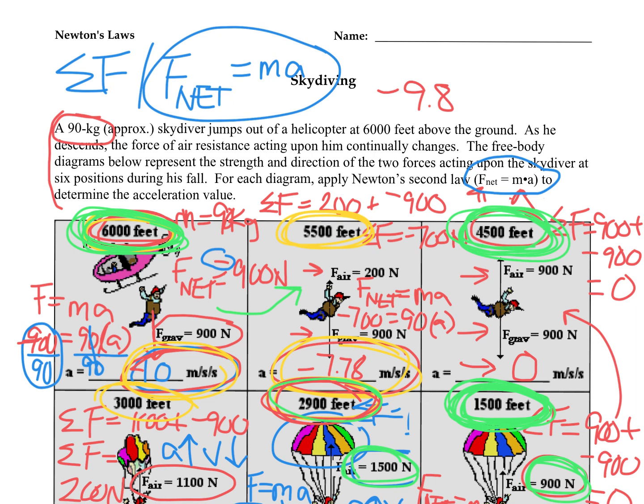We figured out, since we had the mass, what the net force is. Once we knew the net force, we could plug in, chug out our acceleration, and we went back to the kinematic rules. Remember that if your velocity is down and acceleration is up, you are slowing down. But as you're falling, if velocity is down and acceleration is down in the same direction, that means you're speeding up.